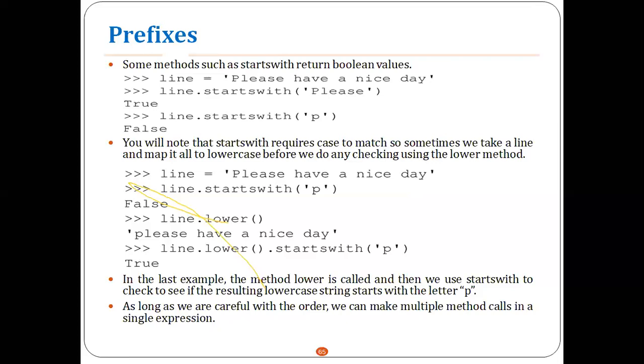Look at this example. Here we have uppercase P, but I'm comparing with a small p, so in that case it will give a false value. So I'm converting the entire string into lowercase letters and comparing it in lowercase.